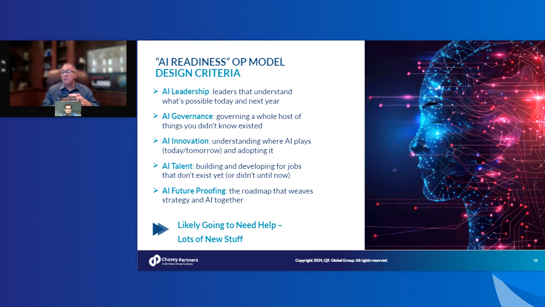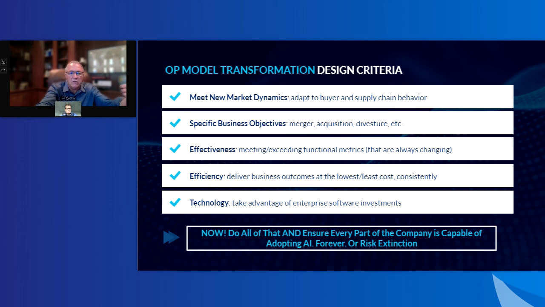AI talent has been in the news for at least 5 years. Try to go find some good AI talent. We're going to unpack some things to do about that. And of course, future-proofing. Every operating model has a set of design criteria to build in the agility and flexibility necessary to react to new market dynamics.